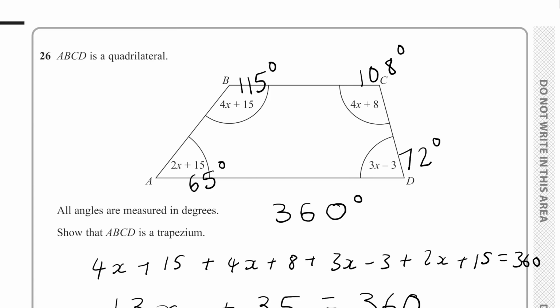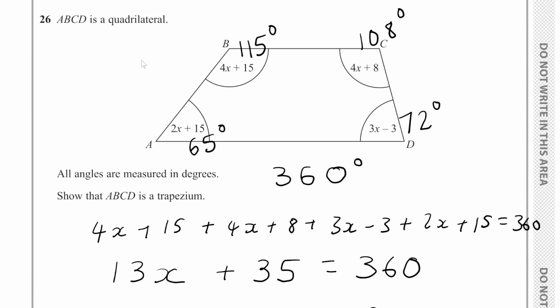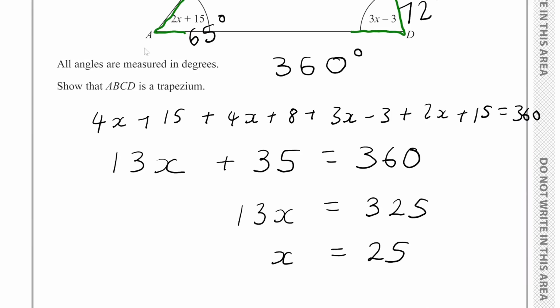Show that ABCD is a trapezium. So why is it a trapezium? A trapezium has a set of parallel sides. And we know they're parallel because co-interior angles, these ones and these ones, add up to 180.